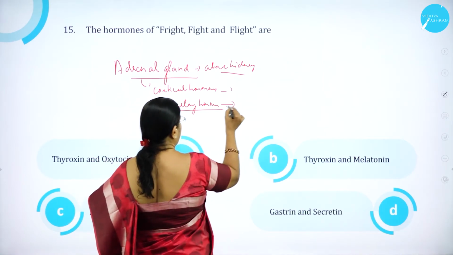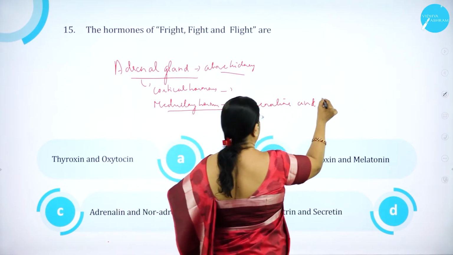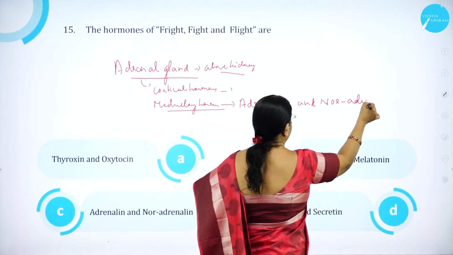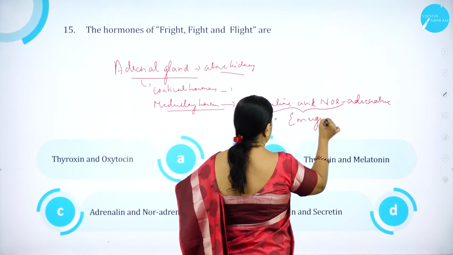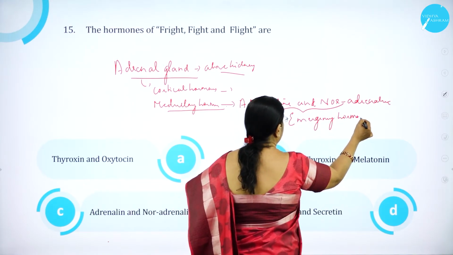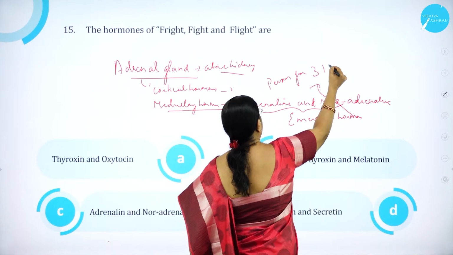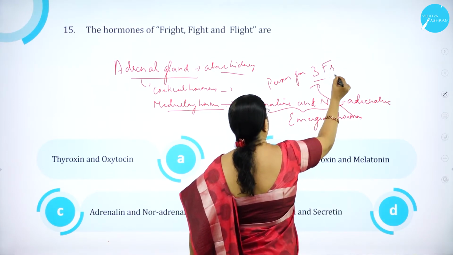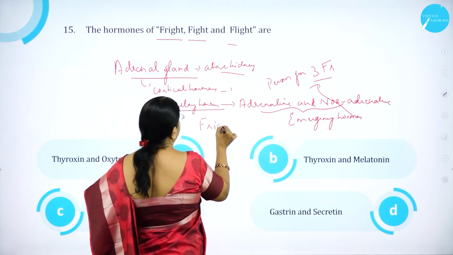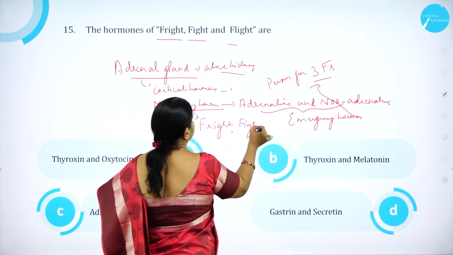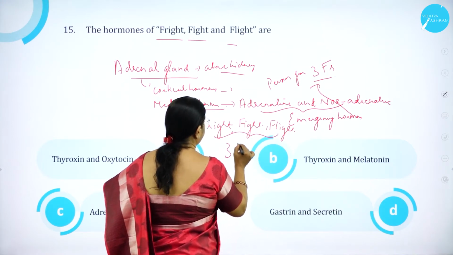Particularly the medullary hormones like adrenaline and noradrenaline are together called emergency hormones, which prepare a person for three F's. What are the three F's? Fright, fight and flight. Put together, this is called the 3 F's.